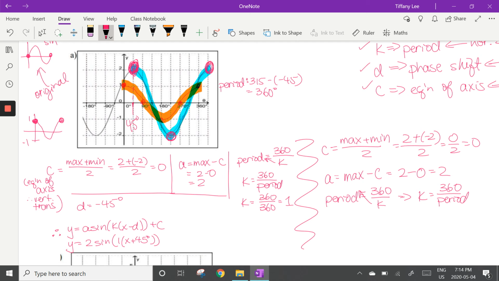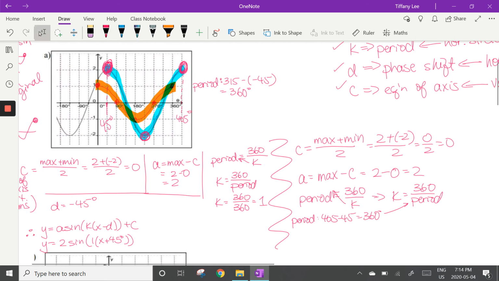Our end point here is, well, each box goes up by 45, so that's 360 plus 45, that's 405 degrees. Right, so our period is 405 minus 45, which equals 360. Right, so you can just plug that in. So then that becomes 360 over 360, which is 1.